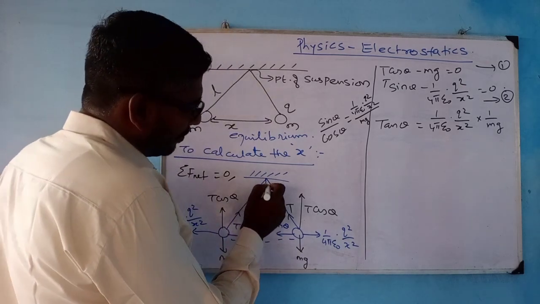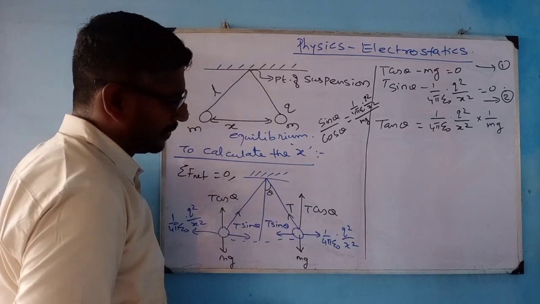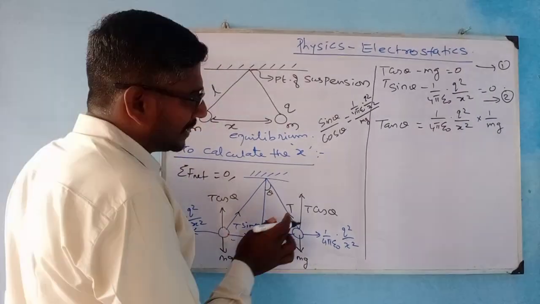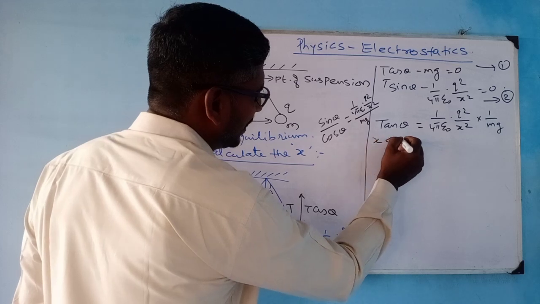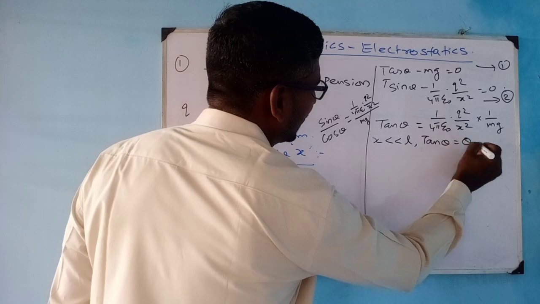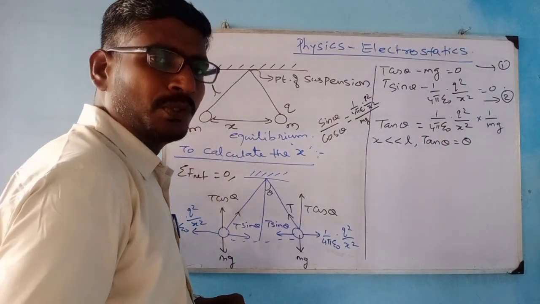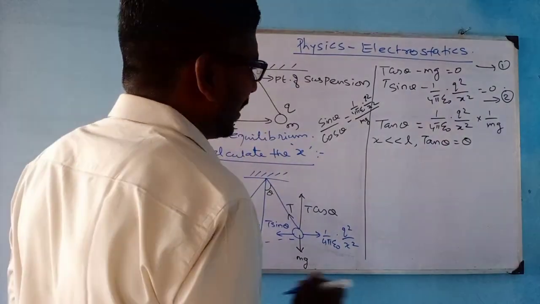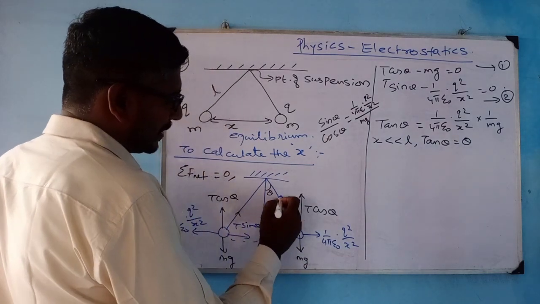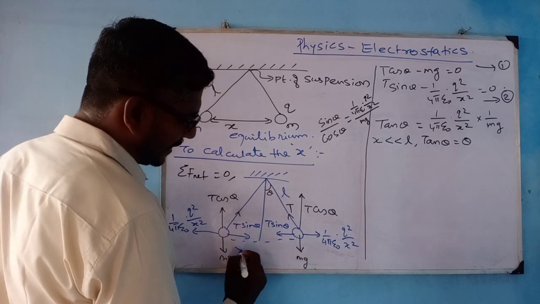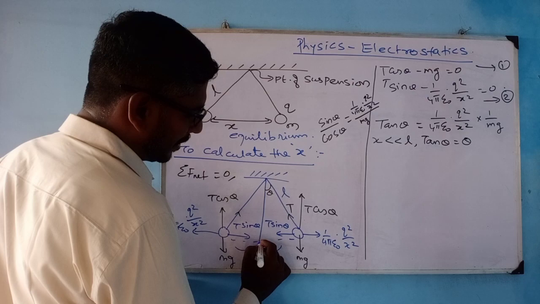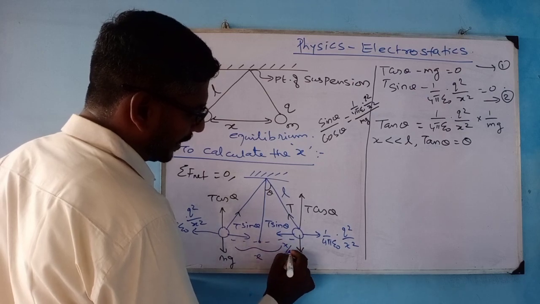When the angle of separation is theta and the magnitude is very small, under the restriction condition that x is very much less than L, tan theta I can approximate to theta. If it is theta, what would the value of this theta be? The length of the thread is L, the total separation is x, and the distance from the center point to the charged sphere will be x by 2.